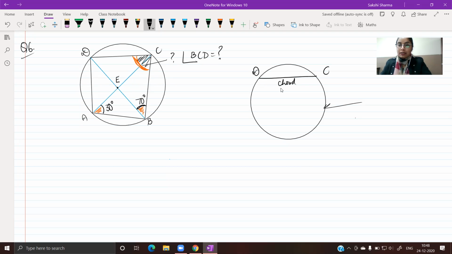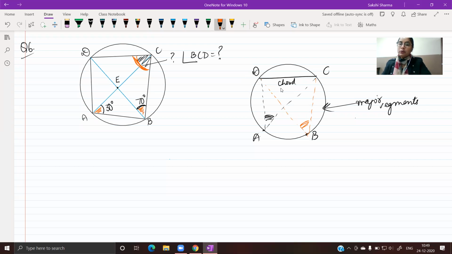On this segment, the major segment, there are two points on the circumference, one is A and one is B. When you join the end points of this chord with these two points, one angle is formed, and the other angle is this one.